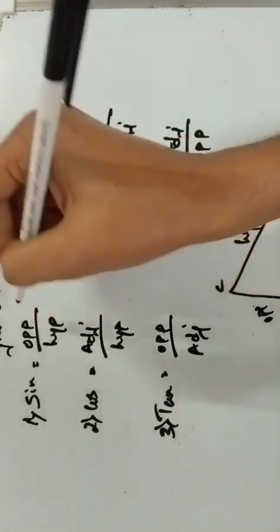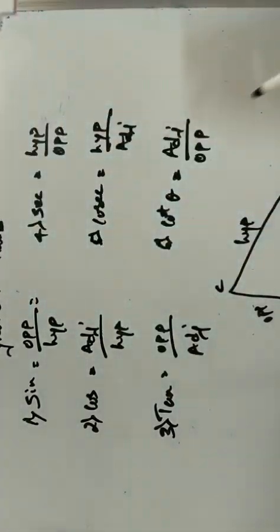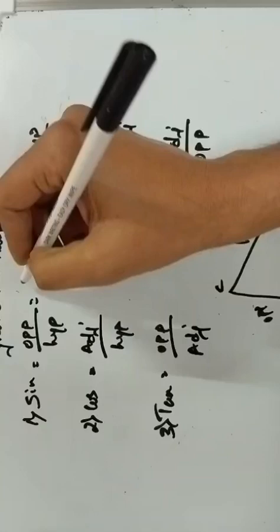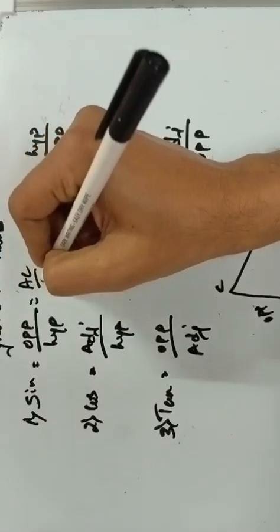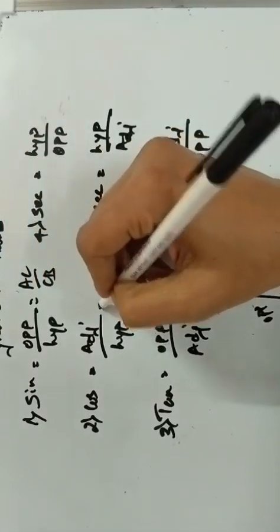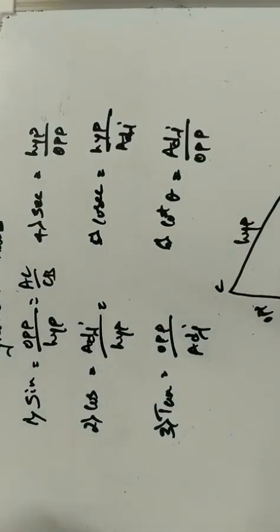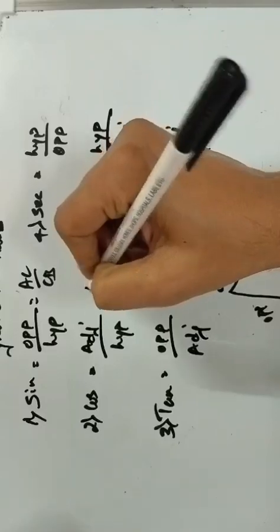Therefore, sin theta is opposite by hypotenuse, that is AC by CB. Similarly, cos theta is AB by CB.